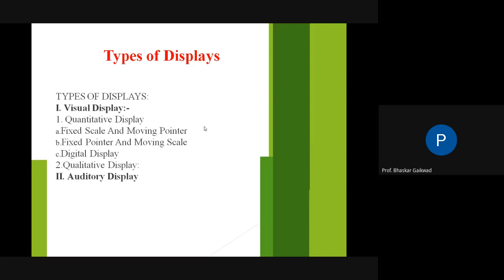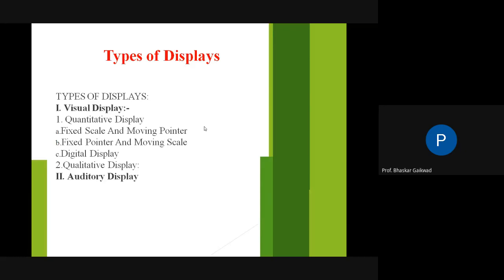Even in our vernier there is also a dial. Temperature measurement has a dial, and pressure measurement has a dial. So in this, the scale is fixed and the pointer is moving. This is one type of display. Then fixed pointer and movable scale, where the pointer is fixed and the scale is moving. Our weight checking machine is an example of this.